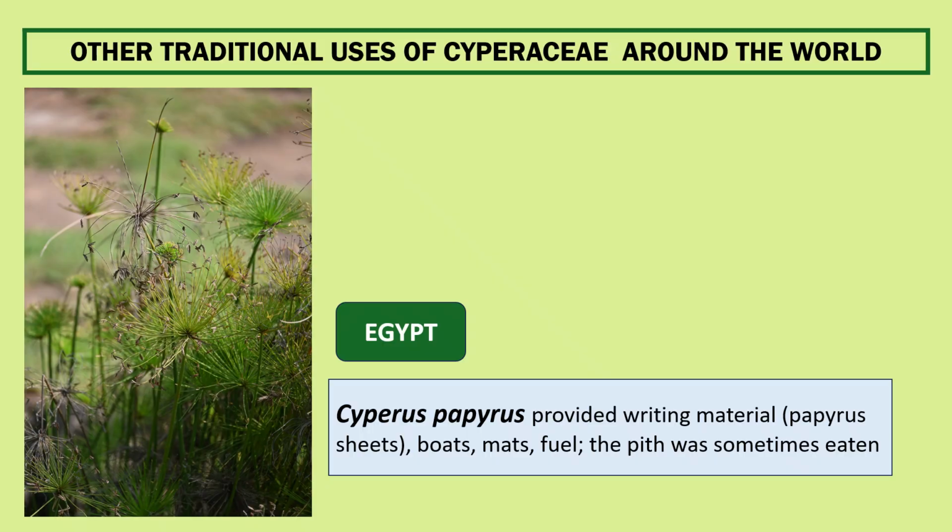And on top of that, the plant is also used for making mats and fuel, and the spongy part of the stem is also sometimes eaten. So this kind of use you will find in Egypt.